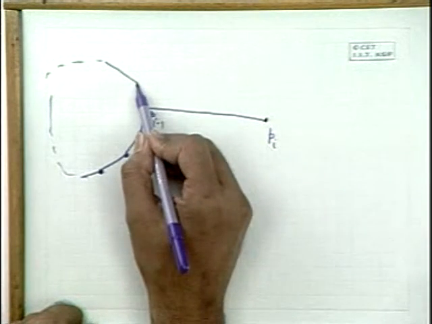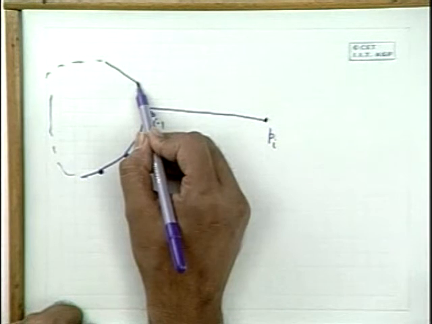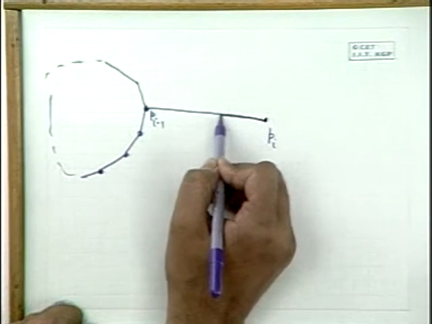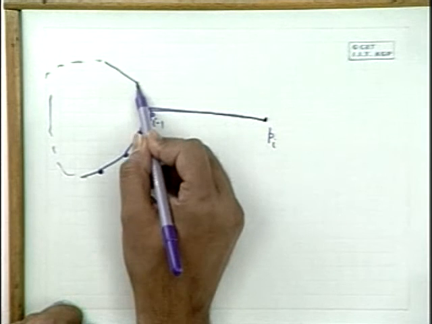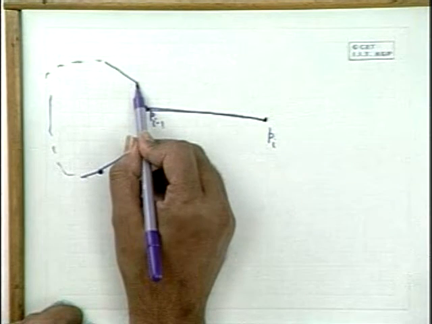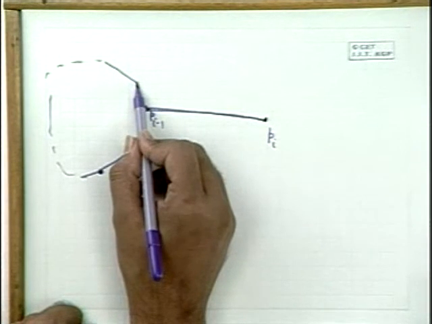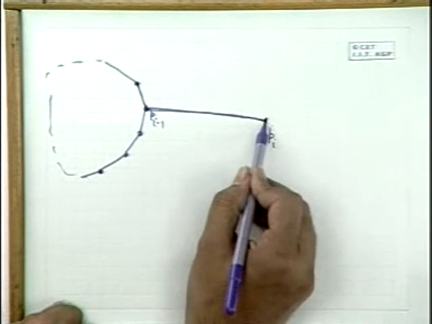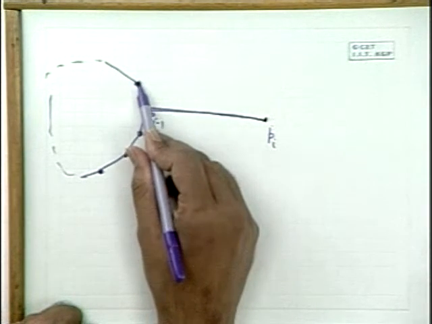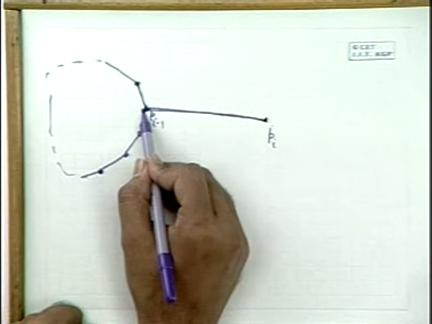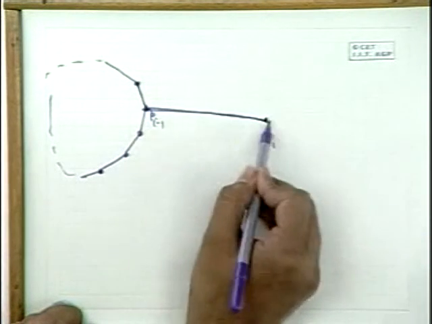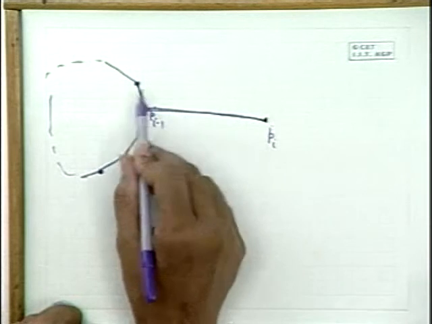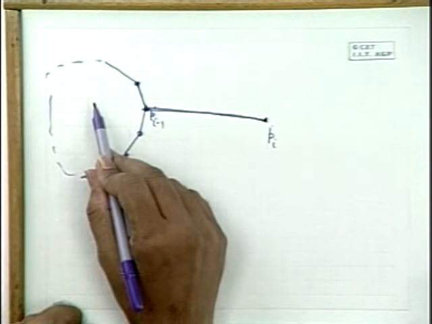Then we move up. We see whether this edge and this edge make a right turn or a left turn. If it is a right turn, then this cannot be a bridge. You can see this is a right turn, then this edge cannot be a bridge. For this edge to be a bridge, it has to be a left turn.